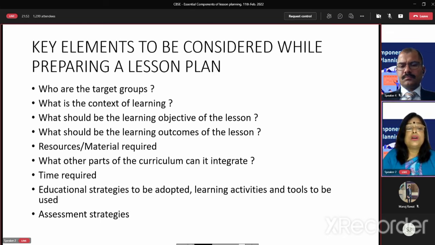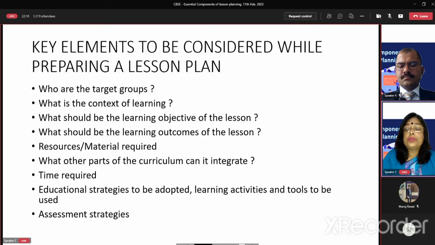So what other parts of the curriculum can it integrate? If we are dealing with multiple intelligence students, then what are we going to do? Nowadays inclusive education has become so important. How am I going to design my lesson so that even those children benefit from it? Then there are other areas like art integrated projects.